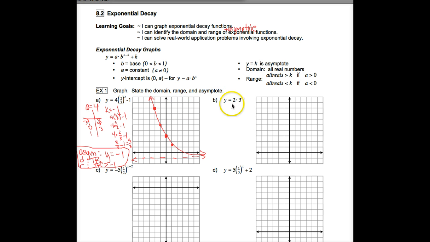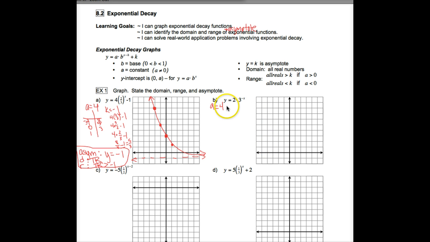All right, let's look at the next one. 2 times 3 to the negative x. So first thing I do, I see that my a value is 2. And I do not have an h or a k value, so that means I'm not going to have any shifting there.